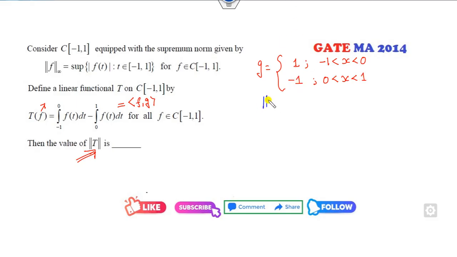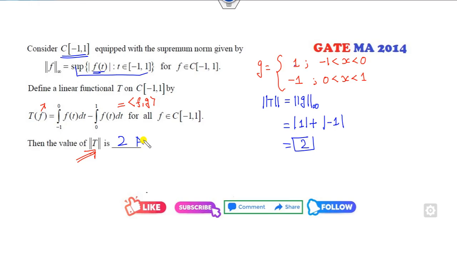So by the definition of the Riesz representation theorem, it is the norm of g. What is that? The norm of g is a continuous mapping defined on the supremum, so it is supremum of the mod of ft. What is the mod of ft? Because it's discrete, I can write it as a summation sign. So 1 plus 1 is 2, which is the right answer of this problem.